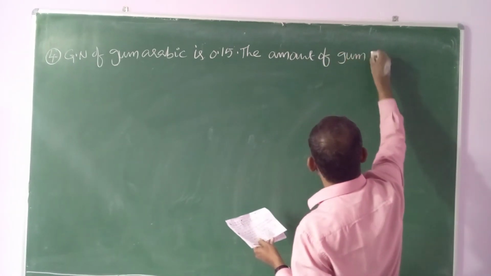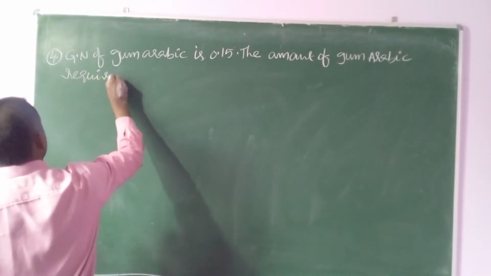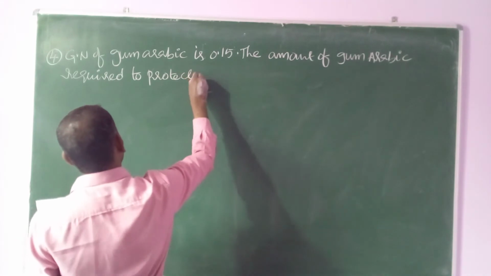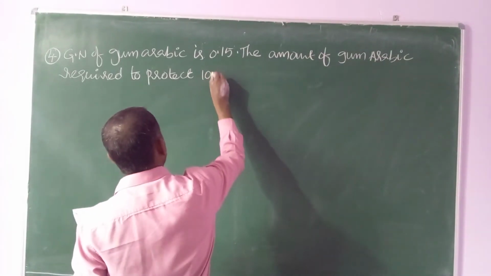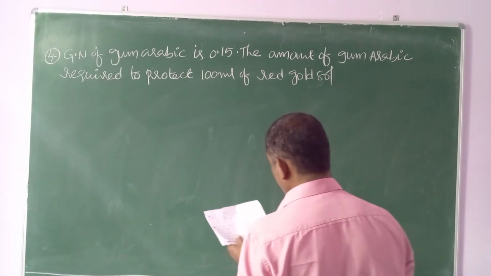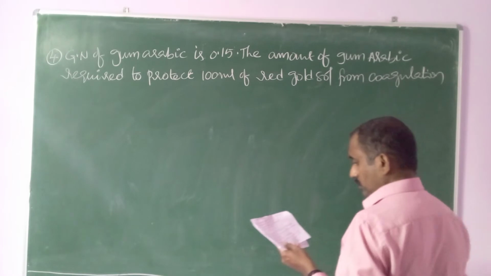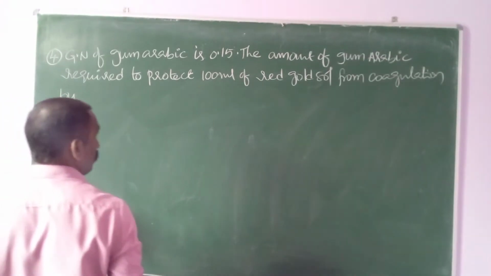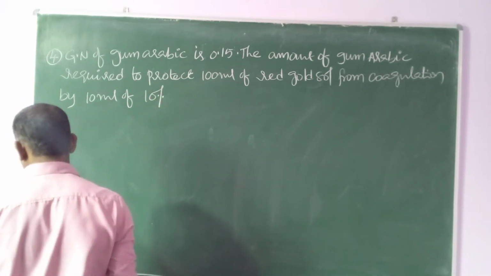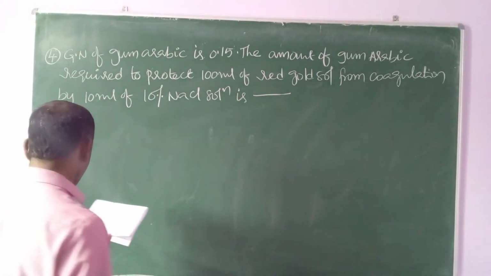The amount of gum arabic required to protect 100 ml of red gold sol from coagulation by 10 ml of 10 percent NaCl solution is dash. They have given options like this.